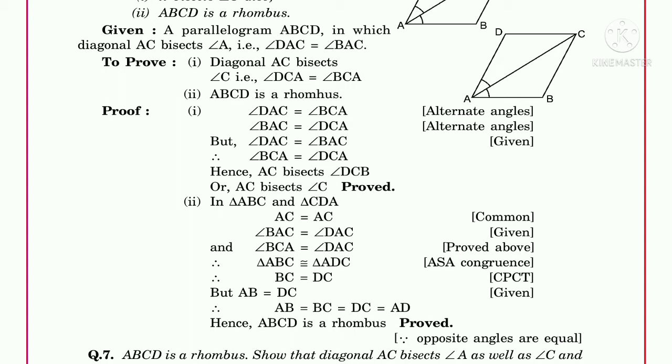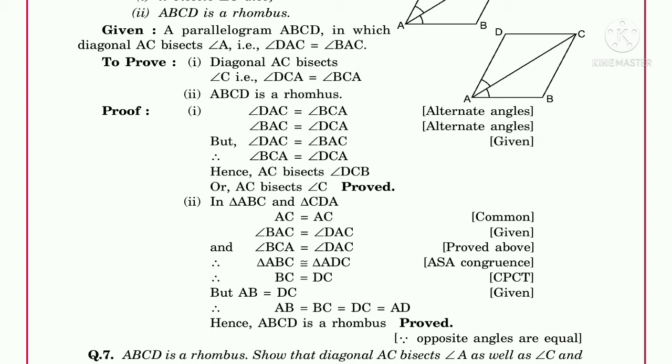Now from these three, which congruence rule can we apply? Because already we discussed some congruence rules in properties of triangles. Here AC is common, BAC is equal to DAC, and one more angle we proved, BCA equal to DAC.